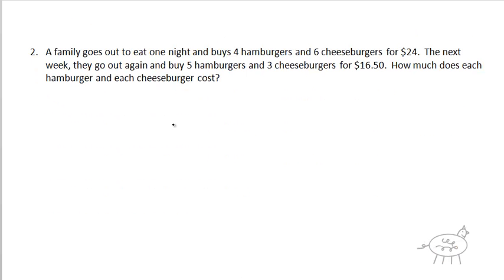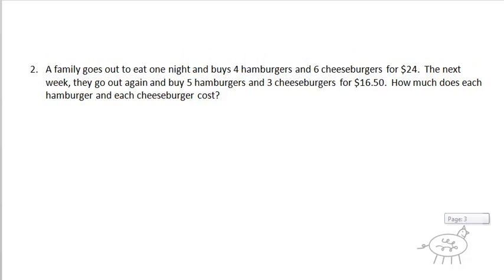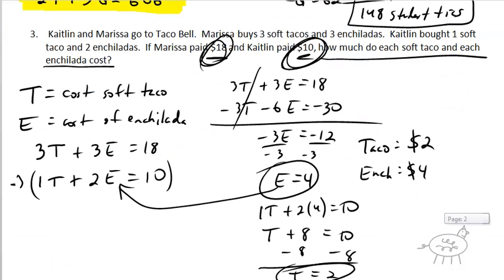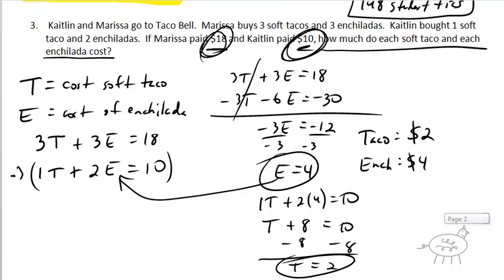And number 2, a family goes out to eat one night and buys 4 hamburgers and 6 cheeseburgers for $24. The next week they go out again and buy 5 hamburgers and 3 cheeseburgers for $16.50. How much does each hamburger and cheeseburger cost? So guys, this is just like the taco problem, where they buy a different amount of tacos and enchiladas at 2 different times, one Marissa and one Caitlin.